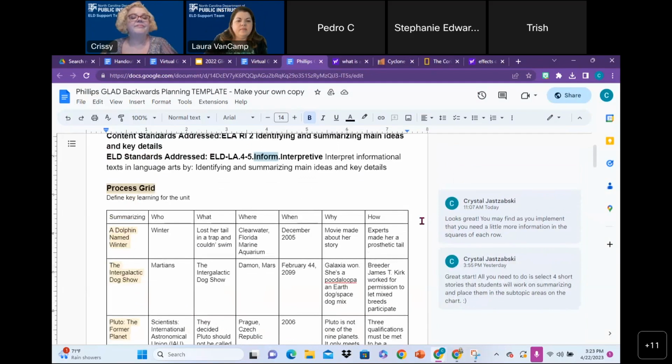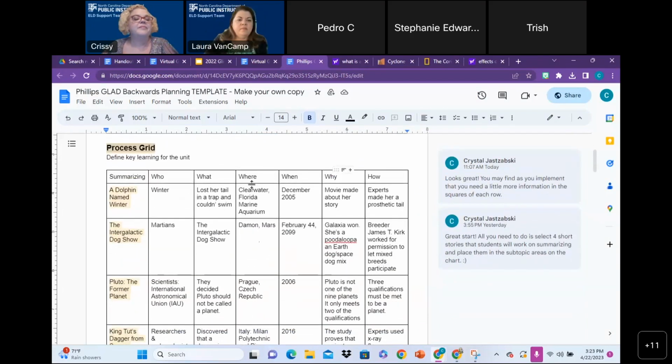But one of the things I'm just finishing up is working with summarizing with my students. They had four articles, and then they had a map that had the who, what, where, when, why that they filled in from the article they read. And then they created a summary from that.